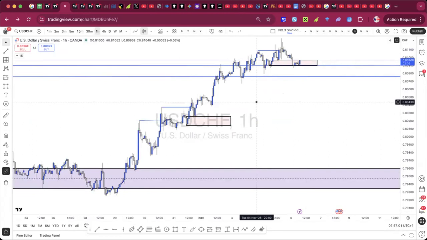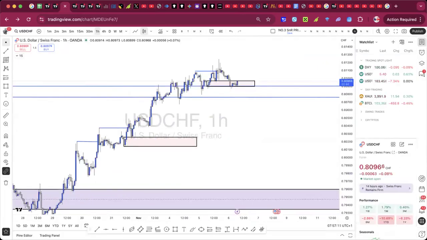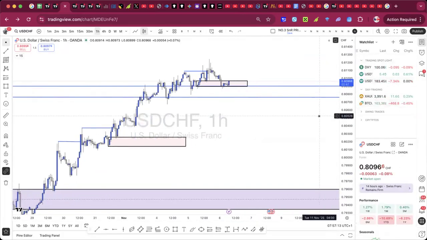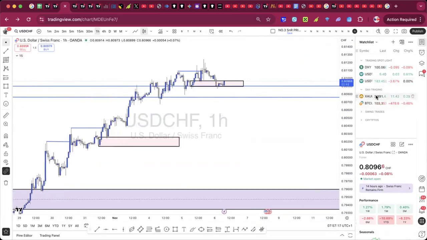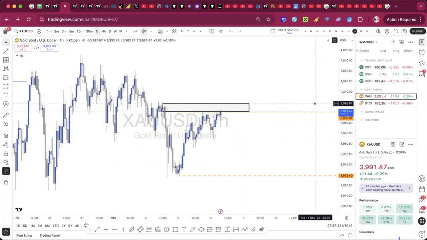Just draw it, and you can go to 15 minutes, especially when you want the market to come back to your origin. Once the market comes to your origin, you are nicely good, as it were. This one has blown over this point. So that's how you trade currencies and all of that.